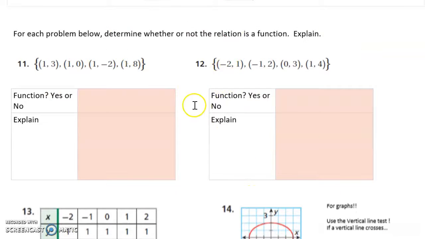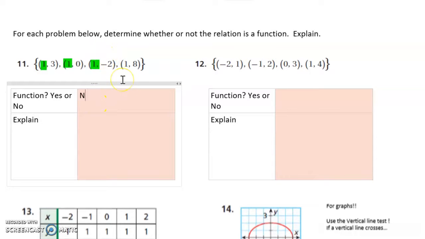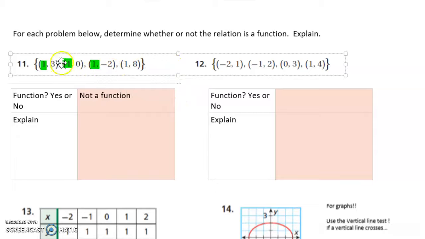Let's look at these actual examples here. Here I have 1 and the output is 3. Here I have 1 and now it's putting out a 0. I have 1 and now my output is a -2. So every time I'm putting in 1, I'm getting out a different number. So this would be not a function, because even though I am putting in the same thing, it is giving me a different number out each time.